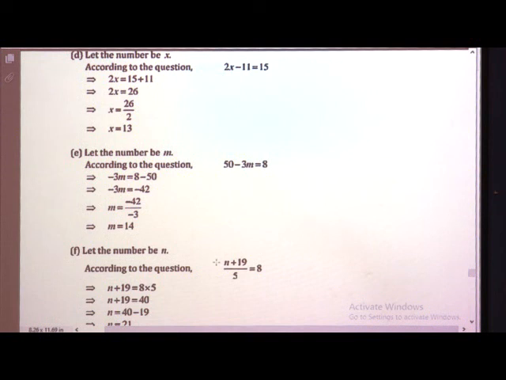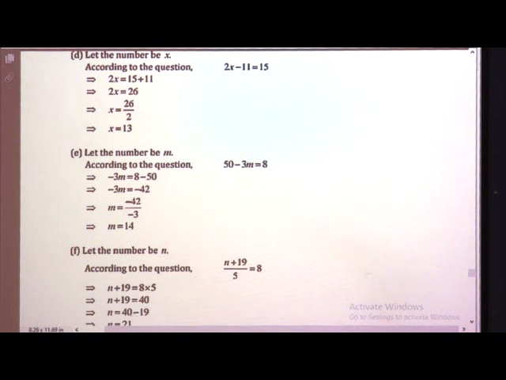We have to find the variable separately first. So, we write n plus 19 is equal to 8. Here we have 5 in the denominator, so it will go to the other side in multiplication form, multiplied by 5. So, n plus 19 is equal to 8 5s are 40.